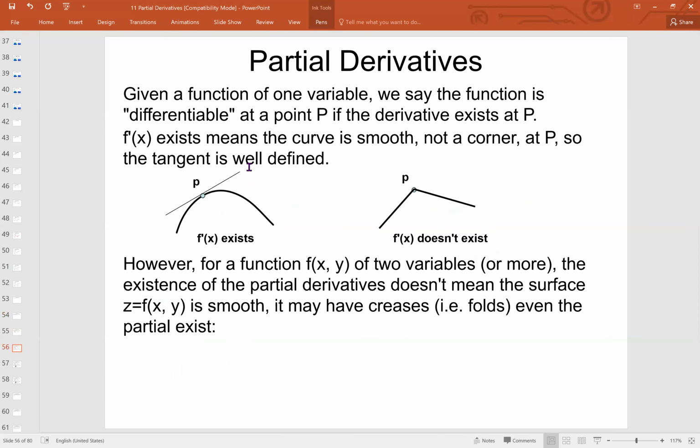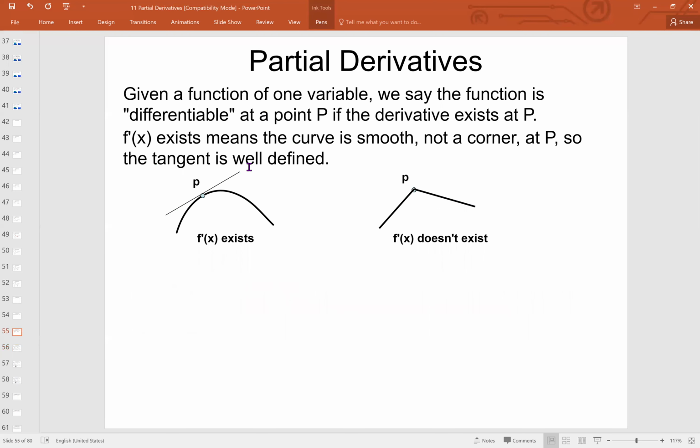Now, the partial derivatives don't tell the complete picture of the surface. In the one-variable case, when the derivative exists, it means the curve is nice and smooth. I can have a tangent line. It doesn't have corners or something strange happening there.